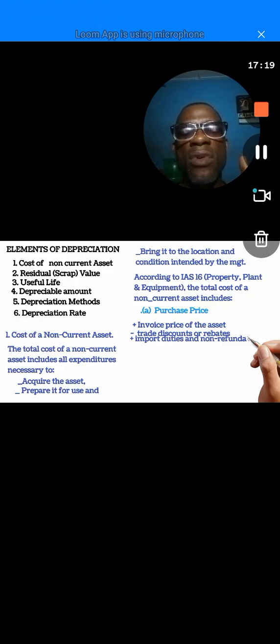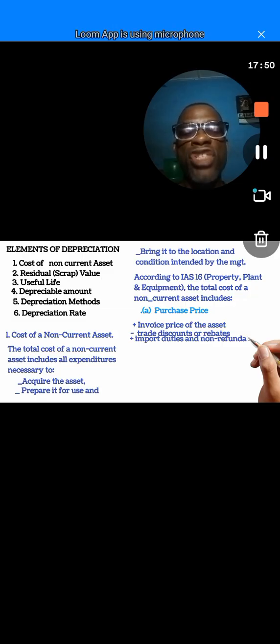Now, the purchase price of a fixed asset or non-current asset comprises three components. One is the invoice price of the asset. Two, we minus or reduce the trade discounts or any rebates.